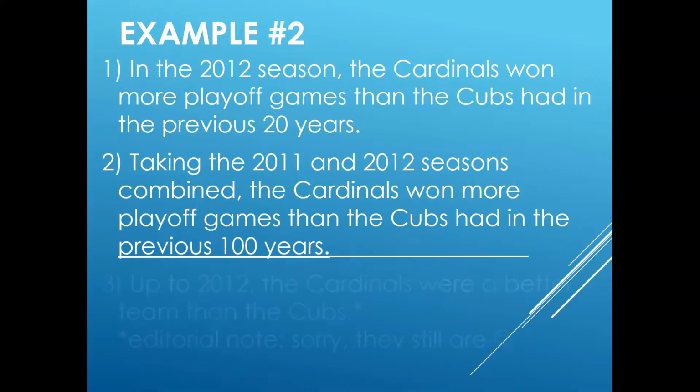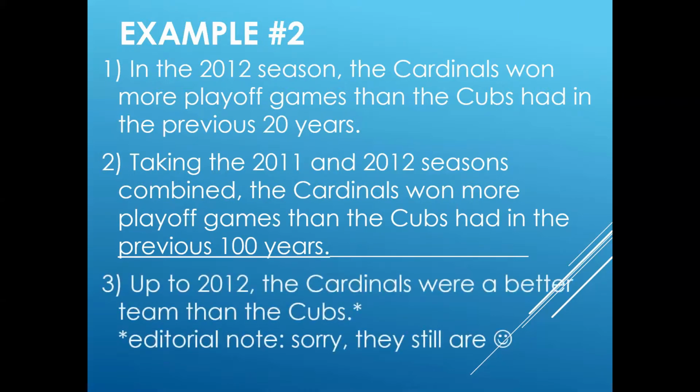And those are premises leading up to the conclusion that up to 2012, the Cardinals were a better team than the Cubs. Now, you may not agree with the argument, you may disagree with some of the premises, but this is an argument. We have premises 1 and 2, the line, and the conclusion.